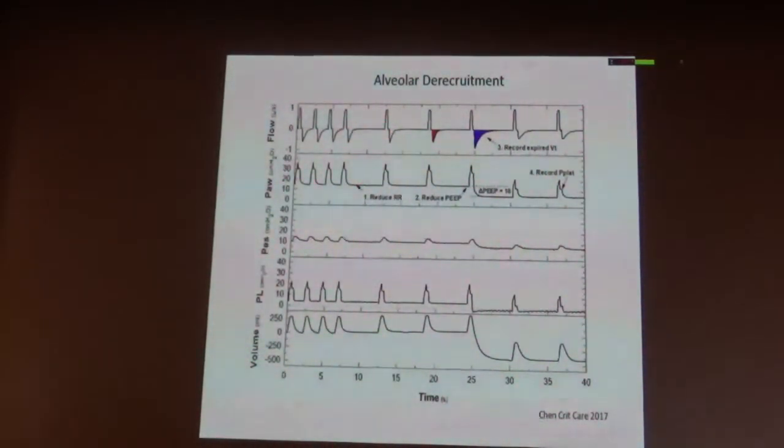So what we do is one maneuver at the bedside, which is illustrated here. We first decrease the respiratory rate for a few breaths, so we have time for long expiration, and then we abruptly decrease the PEEP from a level of 15 to a level of 5. So in one breath, the PEEP is decreased by 10 centimeters of water.